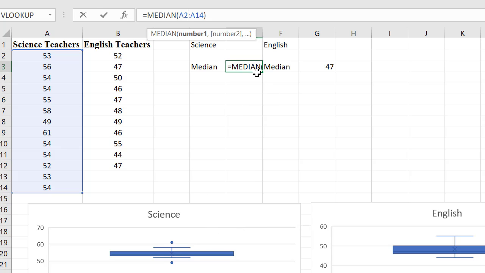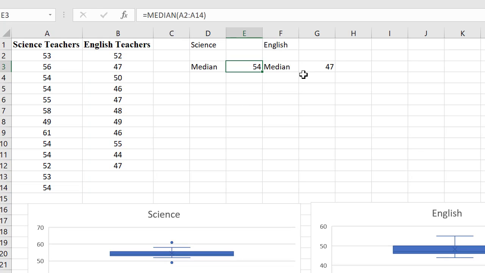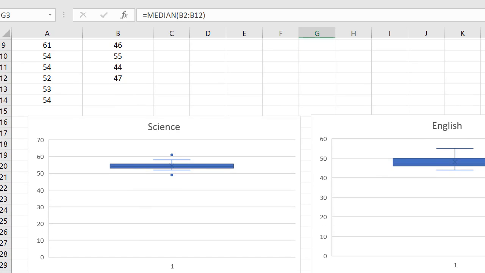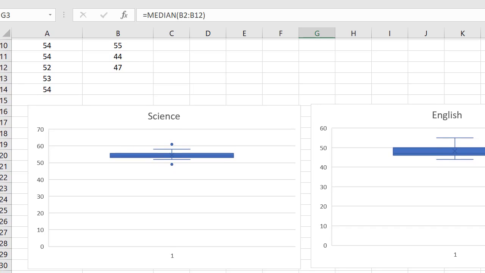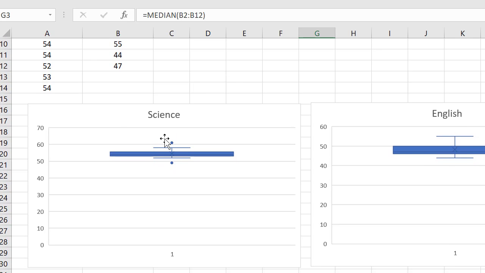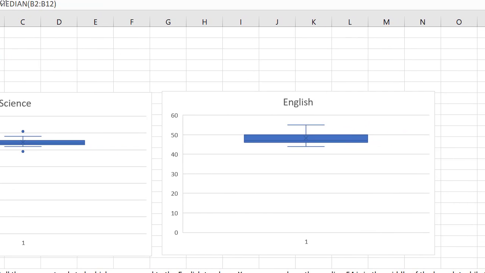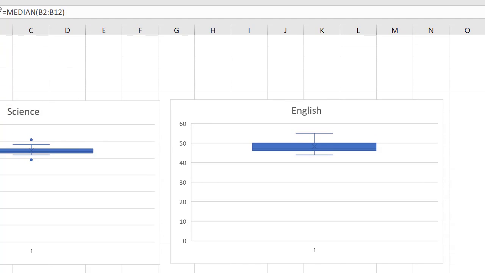Did you have the correct numbers? 54 for science, 47 for English. Then you did your box plots, and you would look for something similar to this. Science has little variation, but a high number out to the side here. If we scroll over here, this is what the English one should look like. Most of you did a fairly good job on that.